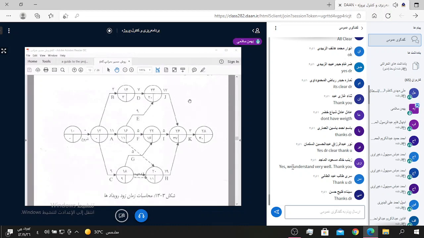This is the AOA method, activity on arrow. You can see the example. This is the network in a schedule.